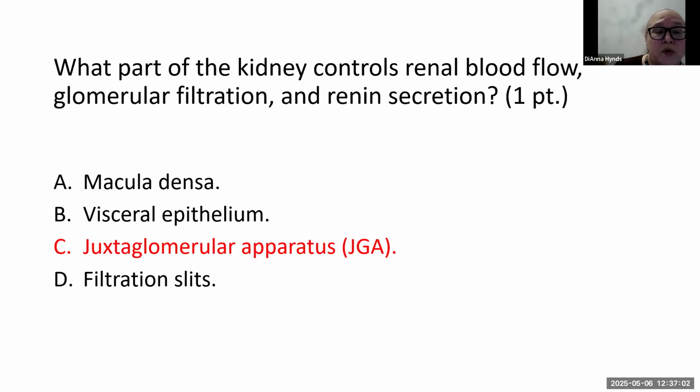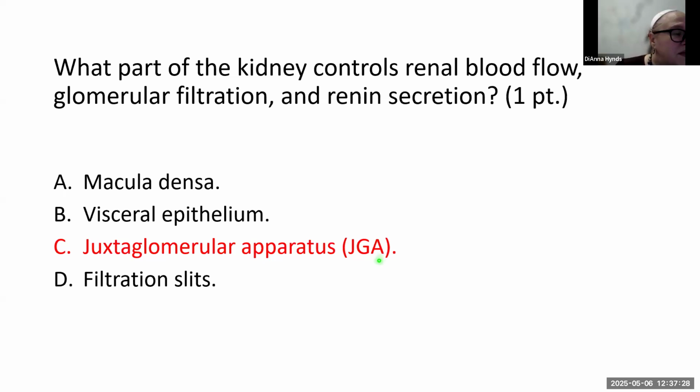It does work with the macula densa cells. The juxtaglomerular cells and the macula densa cells form this apparatus. And the macula densa prevents large fluctuations in body water and salt.